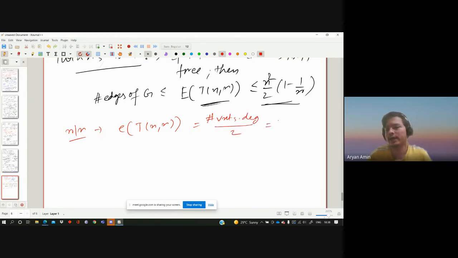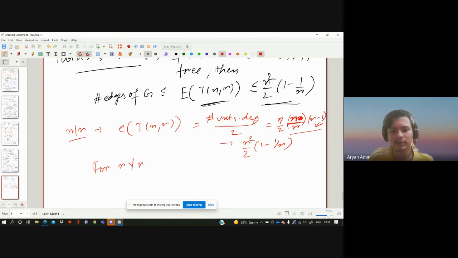There are n vertices, and each one has degree n/r times (r minus 1), because there are r minus 1 other partitions and n/r vertices in every partition. So this is n squared over 2 times (1 minus 1/r). For the case where r doesn't divide n, do it yourself, it's kind of boring. So this holds, and this is what's important.